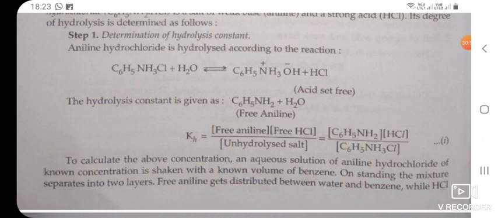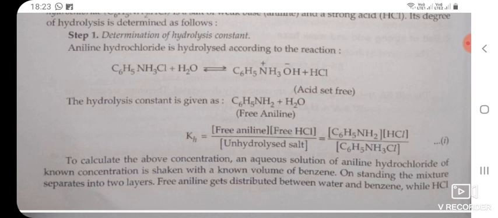Step 1. Determination of the hydrolysis constant. Aniline hydrochloride is hydrolyzed according to the reaction: C6H5NH3Cl + H2O gives C6H5NH2 (free aniline) + HCl (acid set free).